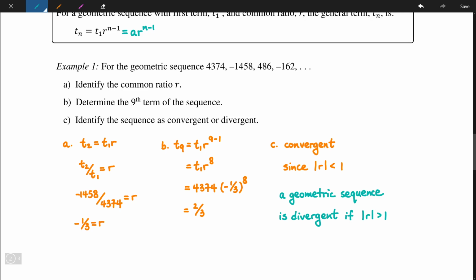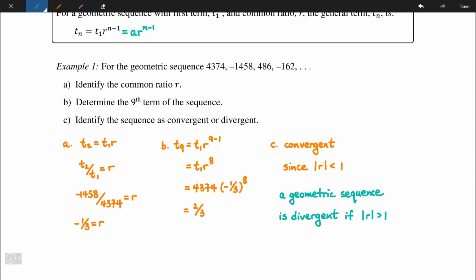A question we might have at this point is, what happens if r is equal to 1? So it is interesting to think about what happens, right?